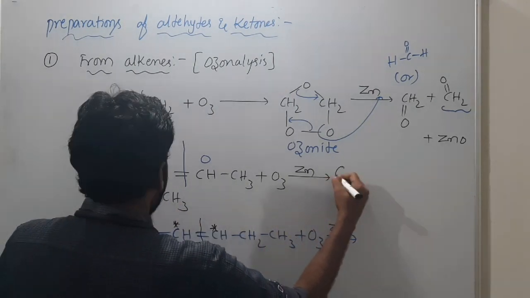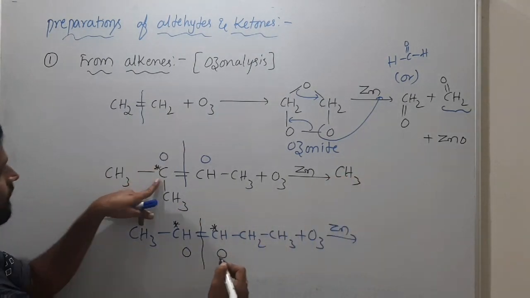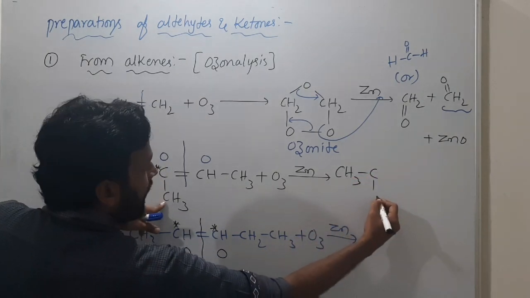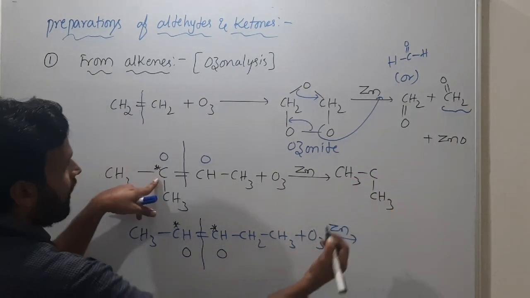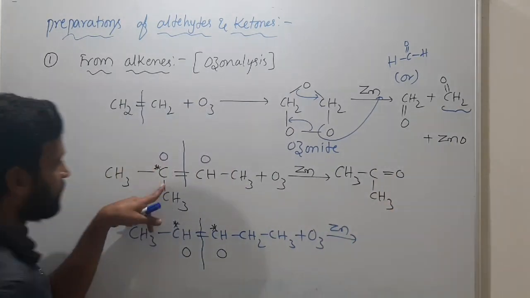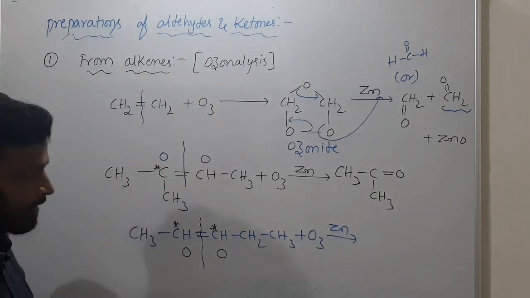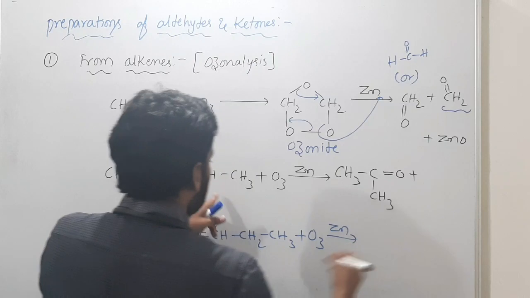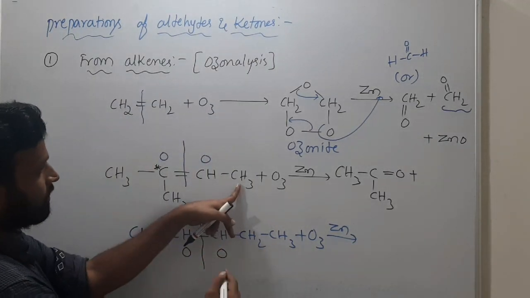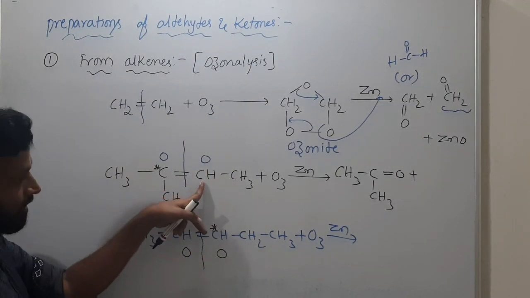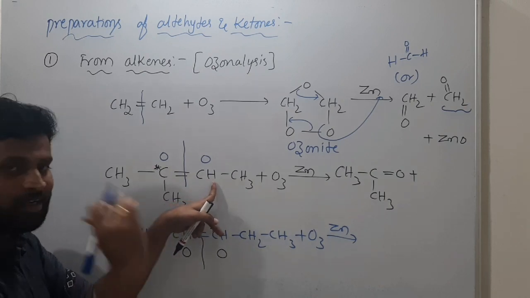Here CH3, CH3, C and CH3 and double bond O, one product: CH3 CO CH3. And another is CH3 CHO, because this double bonded carbon has hydrogen, so aldehyde.